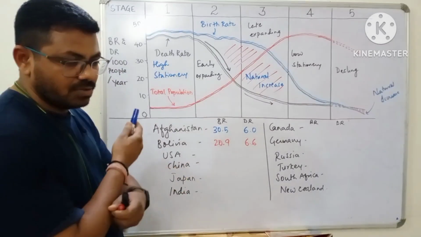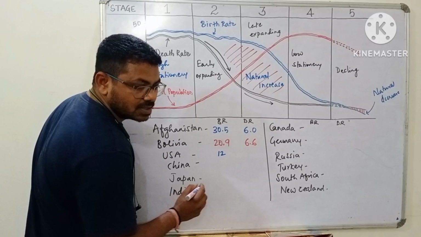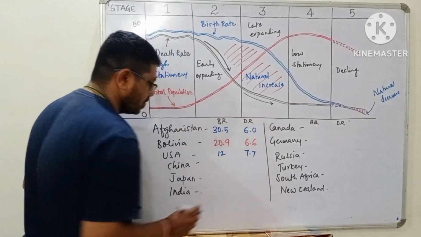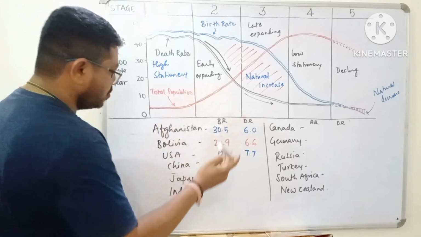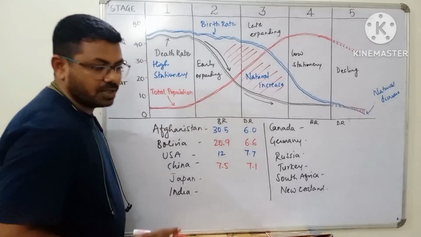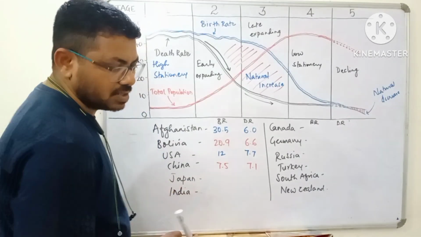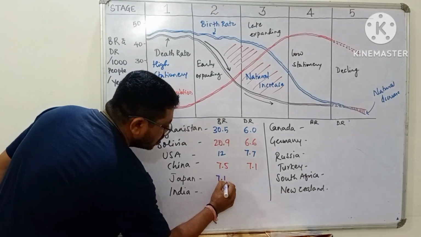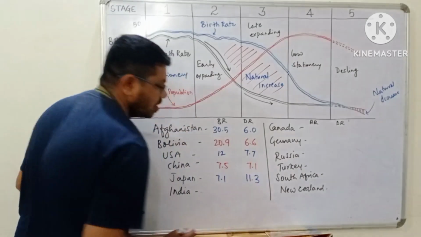Then USA's birth rate is 12 and the death rate is 7.7. Then China's birth rate is 7.5 and death rate is 7.1. Then Japan's birth rate is 7.1 and the death rate is 11.3.